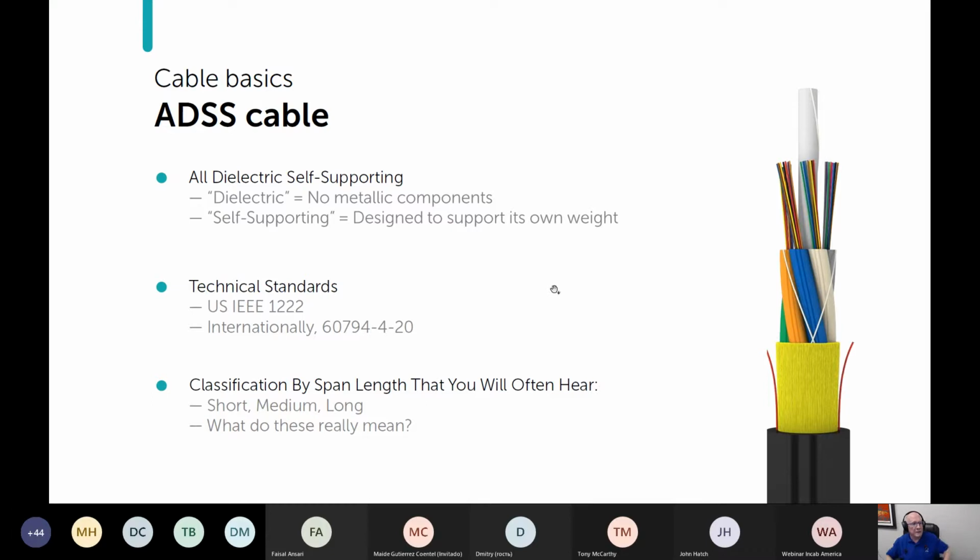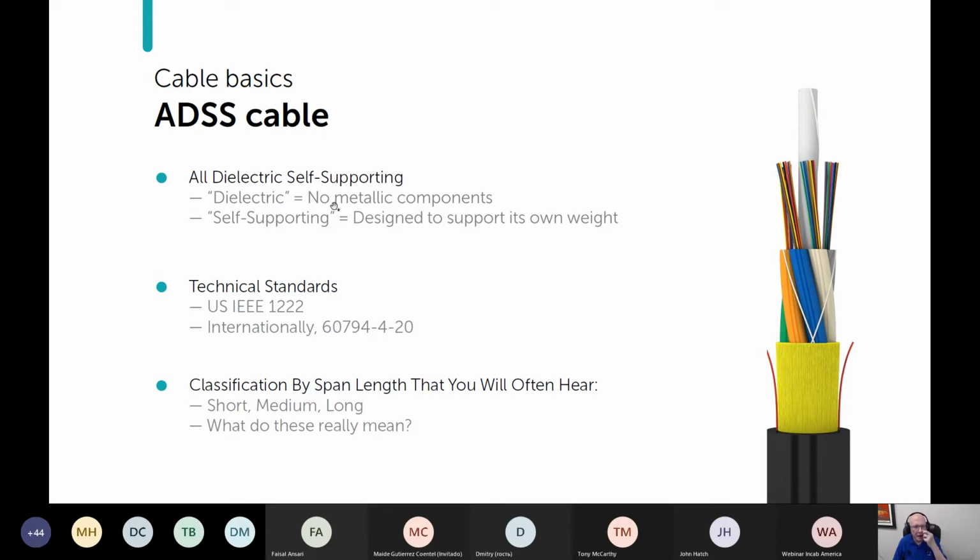Okay, ADSS. One of my pet peeves is people that use the term ADSS to really mean any kind of dielectric cable. So whether it's underground cable or lashed cable or really real ADSS cable, they use the term ADSS. ADSS means all dielectric, self-supporting. So dielectric means no metal components.